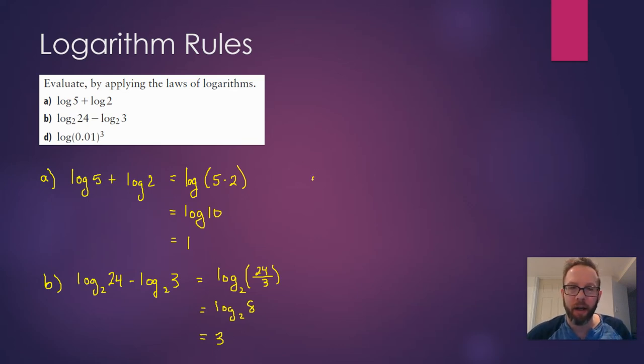Let's look at D. Again, the reason these are out of order is I just lifted these from your practice and used one of the previous laws. So the log of 0.01 to the power of 3. Well, you guys learned a final rule where if the argument of the log is a power, there's an exponent on the argument of your log, you can actually bring that down out front as multiplication.